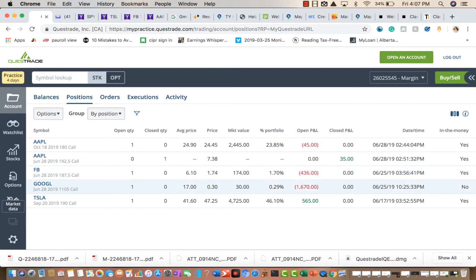So what that means is, if it's in the money and today is the expiration, if this is my actual account, my actual live trade, then I would end up owning the stock, 100 shares of the stock, because I let it expire in the money.